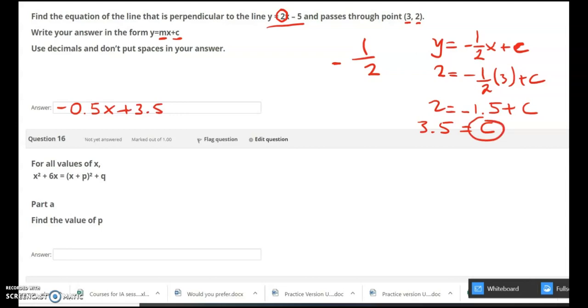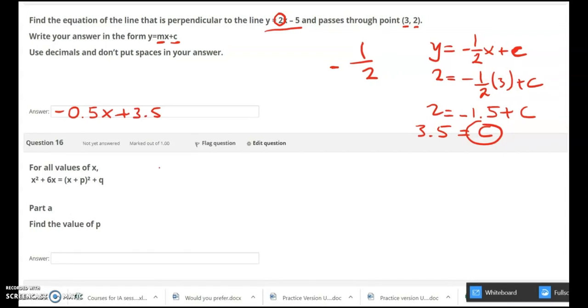Now in the next question, we've got for all values of x, x squared plus 6x is equal to (x plus p) all squared, plus q. In this part, we've got to find the value of p. So this is a case of completing the square.